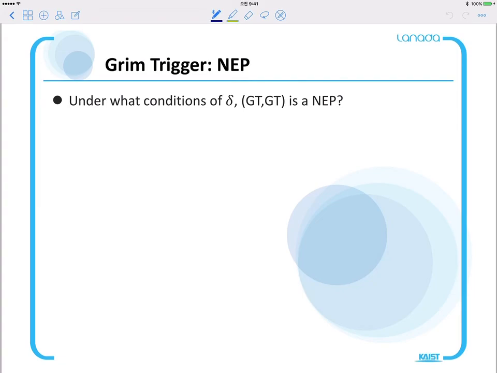The answer is, yeah, you can do complex math, but we can easily conjecture that if delta is greater than 1/2, then obviously GT is a Nash equilibrium, because with GT they start with C and then they always cooperate. That is the outcome when GT is played.